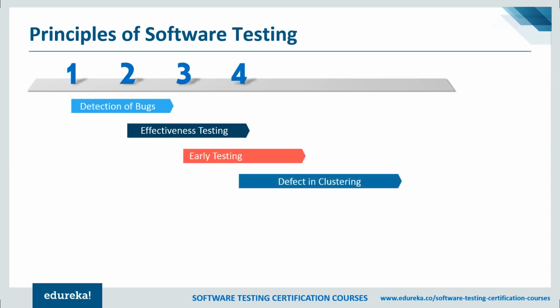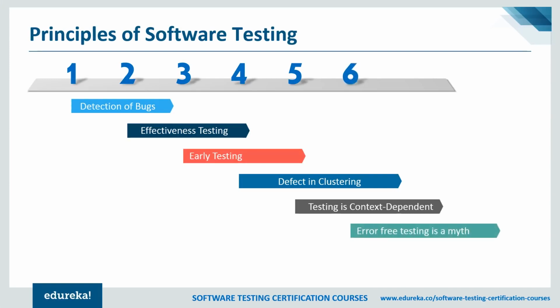Next, defect clustering. At the time of testing, you can observe that the majority of the defects or bugs that are reported are because of a small number of modules inside your software or system. Next, software testing is context dependent and error-free or bug-free software is a myth. Just because a tester tested an application and did not detect any defects in the project doesn't indicate or imply that your software is ready for shipping.